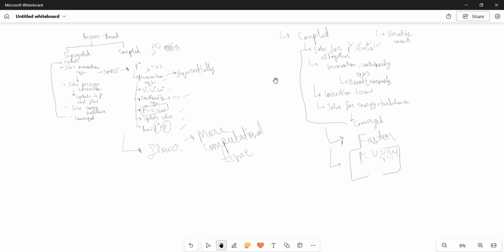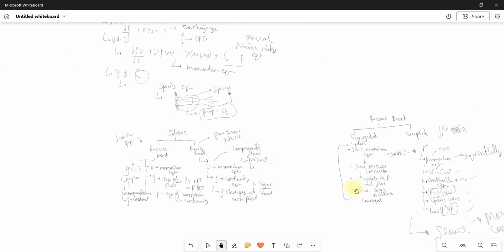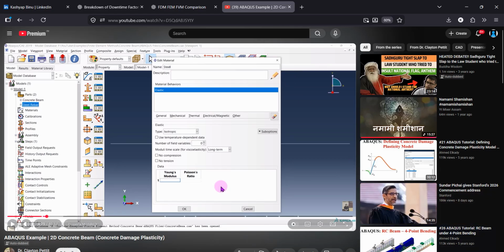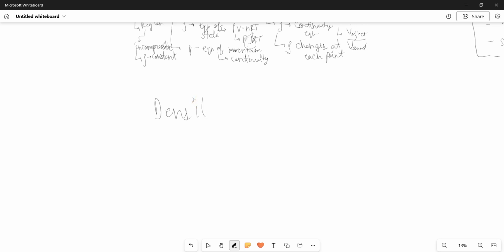Now why we are not talking about the density based is that the density based solver directly uses coupled. Okay, so just keep this in mind.